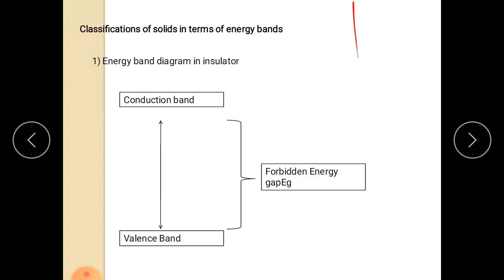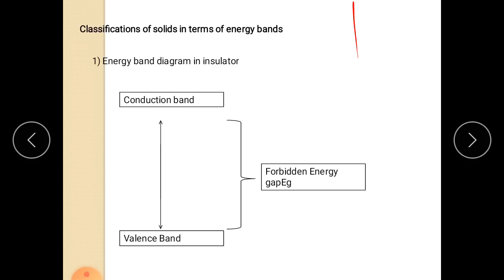Whenever an important sentence comes, I repeat it, so please don't be confused by the repetition. Once again, for a single isolated atom, each atom has a specific or discrete energy level.